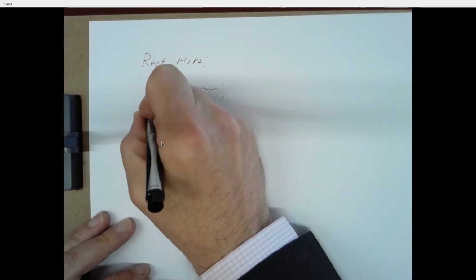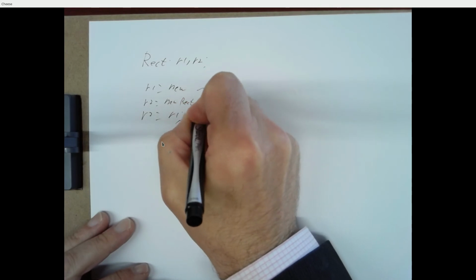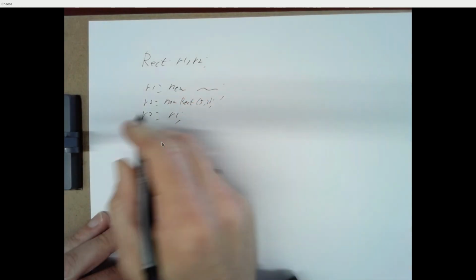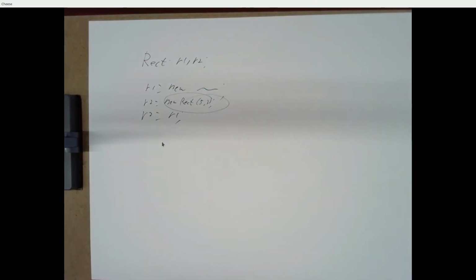So right before you say R2 equals R1, if you say R2 equals new Rectangle or whatever, what would that do? So if in here we say R2 equals new Rectangle, and then we say R2 equals R1, this rectangle basically gets abandoned, right? It's essentially lost memory. Just like if we say node equals malloc, and then we say node equals root arrow left.